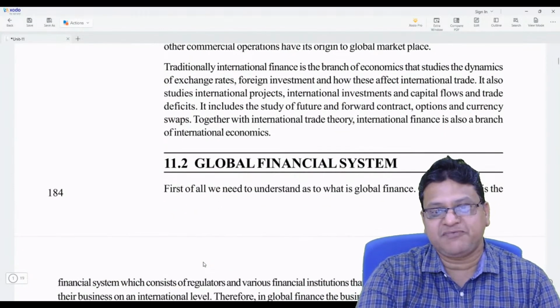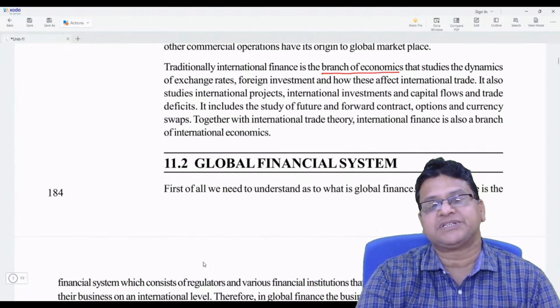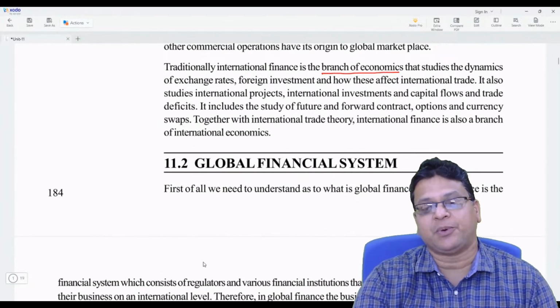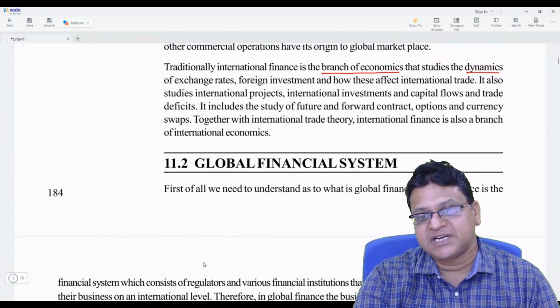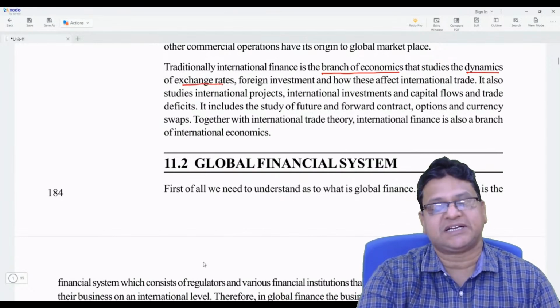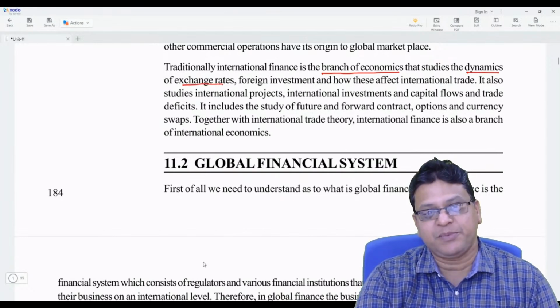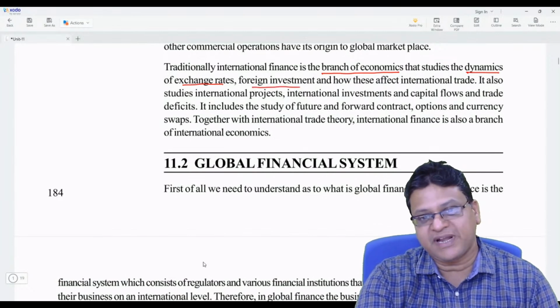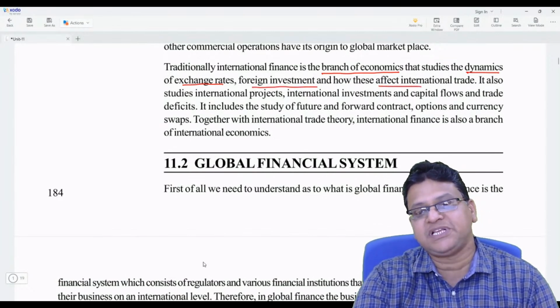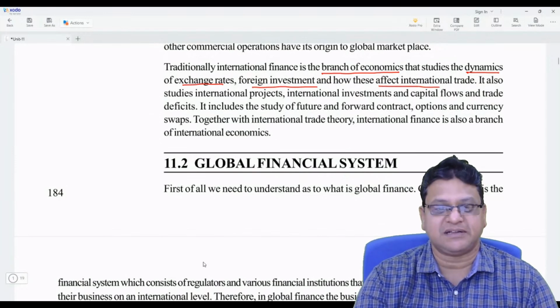Traditionally, international finance is a branch of economics which studies the dynamics of exchange rate. It's a branch of economics which studies foreign investment and how these affect international trade.